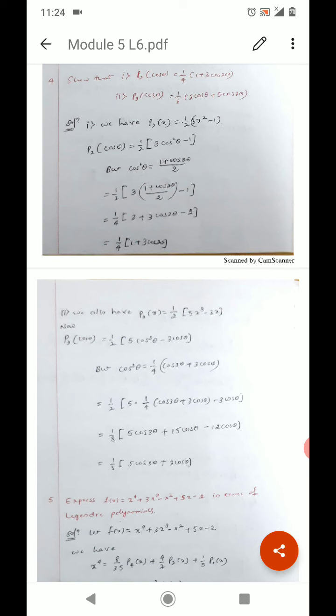Use this in the above equation, we get P3 of cos theta is equal to 1 by 2 of 5 into 1 by 4 of cos 3 theta plus 3 cos theta minus 3 cos theta. By solving this, we get 1 by 8 of 5 cos 3 theta plus 15 cos theta minus 12 cos theta. So finally, P3 of cos theta is equal to 1 by 8 of 5 cos 3 theta plus 3 cos theta, which is the required result.